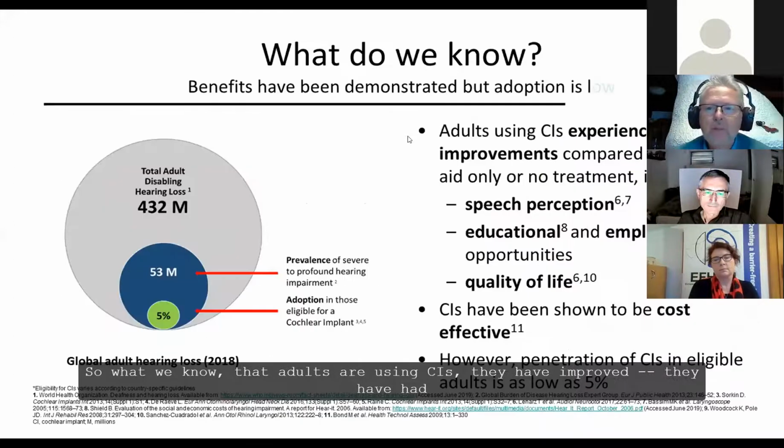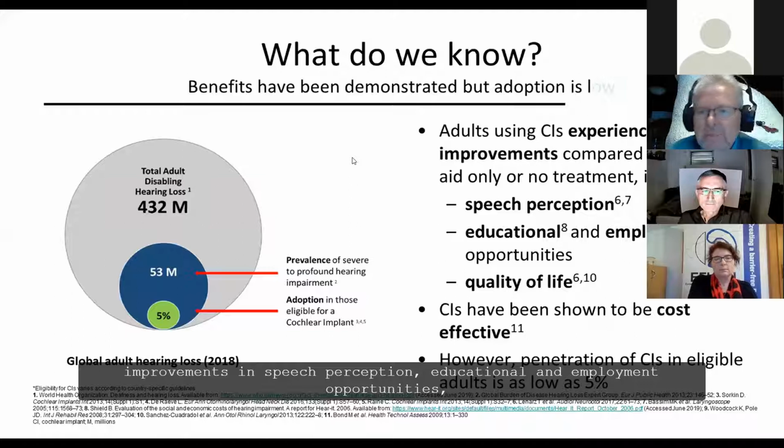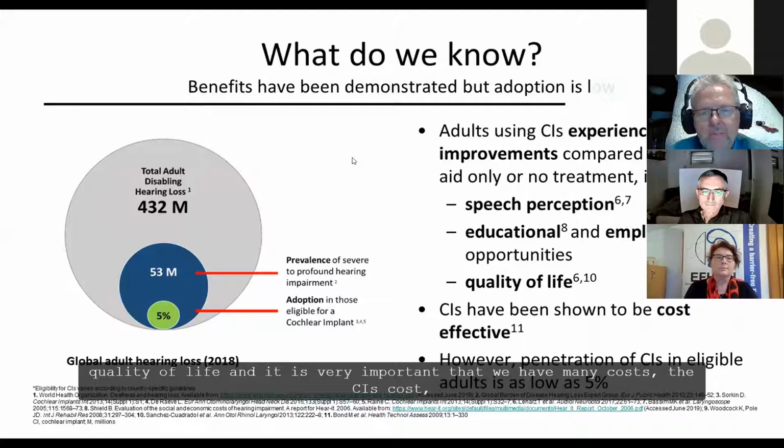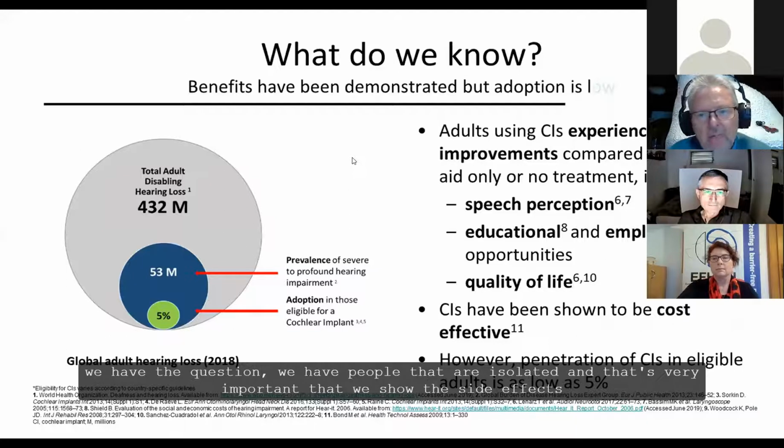And so what we know is that adults using CI have improvements in speech perception, educational and employment opportunities, and quality of life. It's very important that we show the many costs predicted through the CIs, because we have depression, we have retraction, and people are isolated.